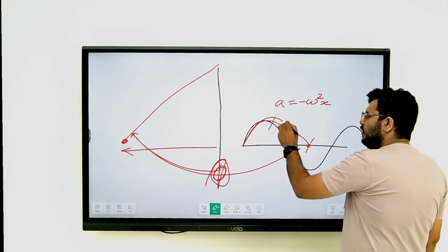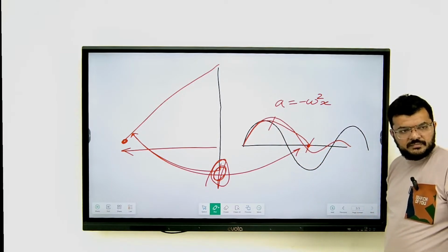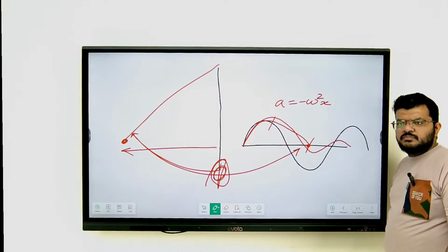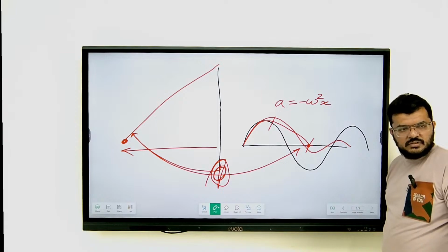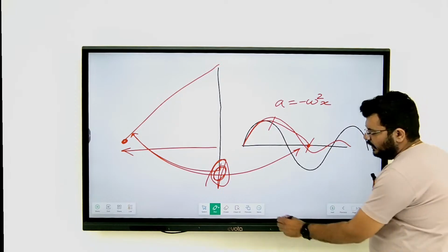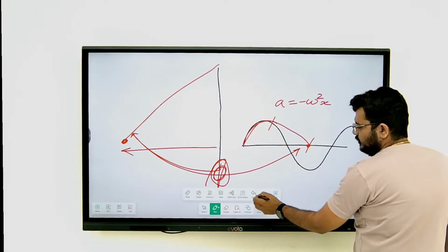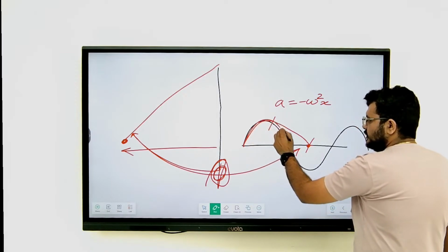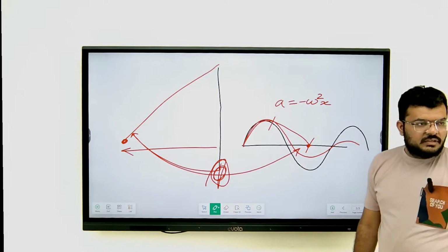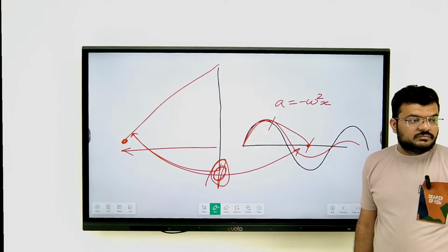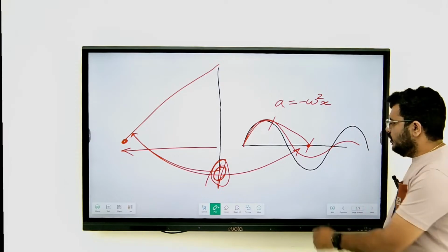What will happen in light damping? In light damping it will look something like this: it will oscillate for some time, right? Maybe one and a half, but it will definitely overshoot once. That is light damping. And in light damping you should remember that the time period remains the same, right?